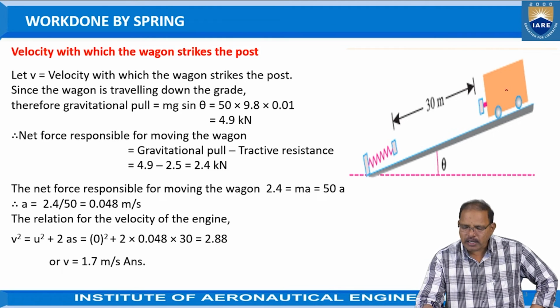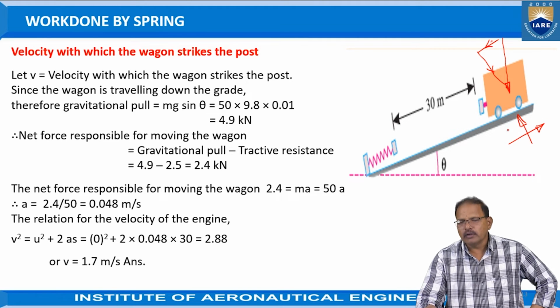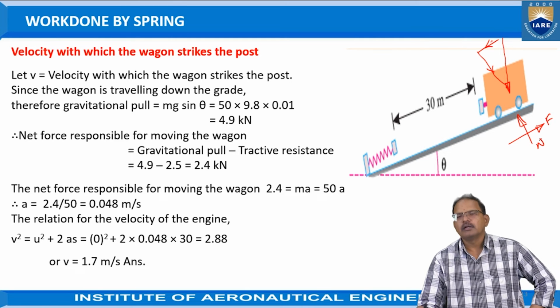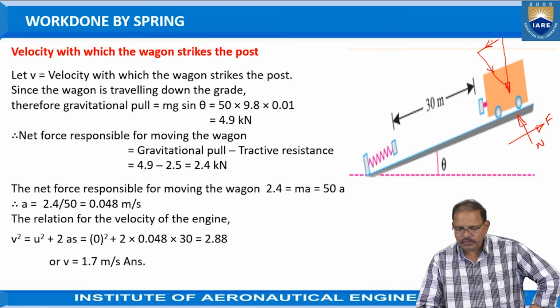Here, when I draw the free body diagram, it consists of two types of forces. A frictional force is there, since the wagon is moving in the downward direction, the frictional force acts upward, and it is equal to mu times the normal reaction.